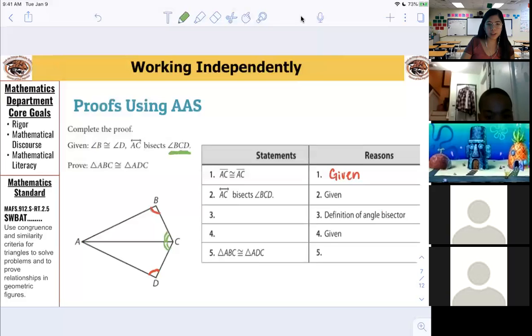What relationship did I just indicate on my diagram? Do I know anything about side AC? ABC and ADC? They already gave us that, and that's given. The red angles are given.